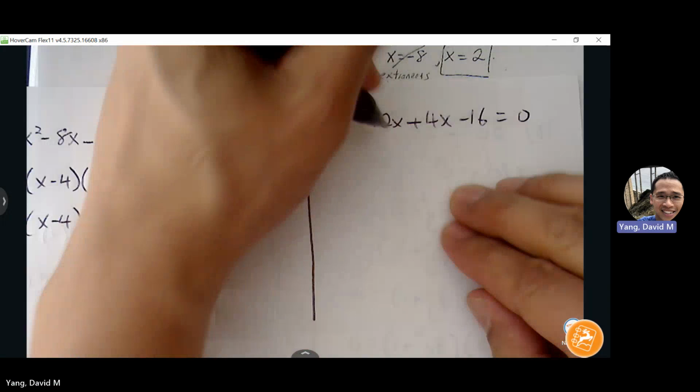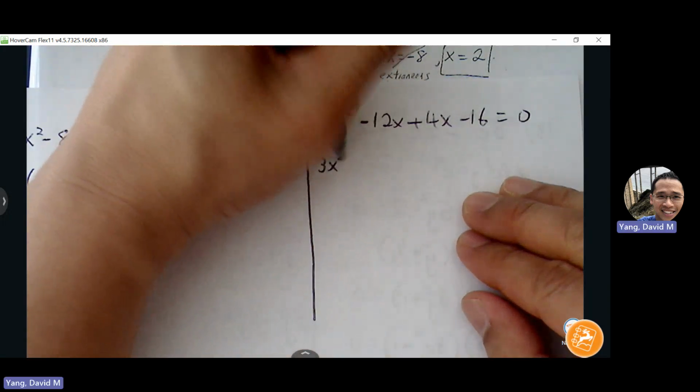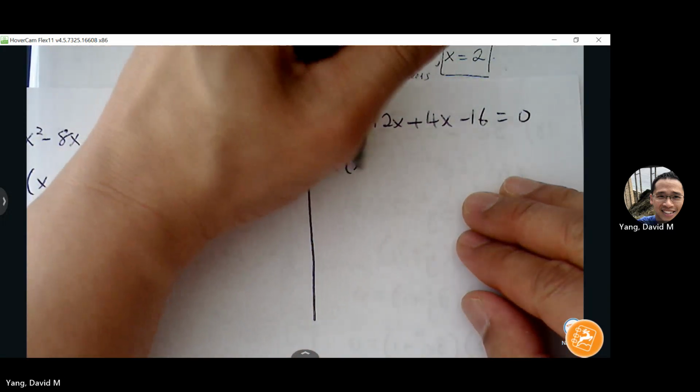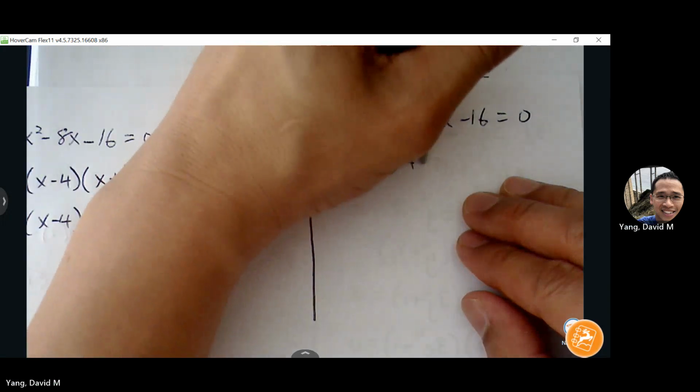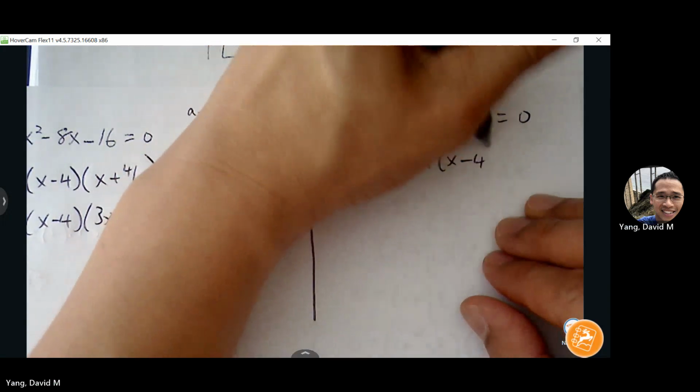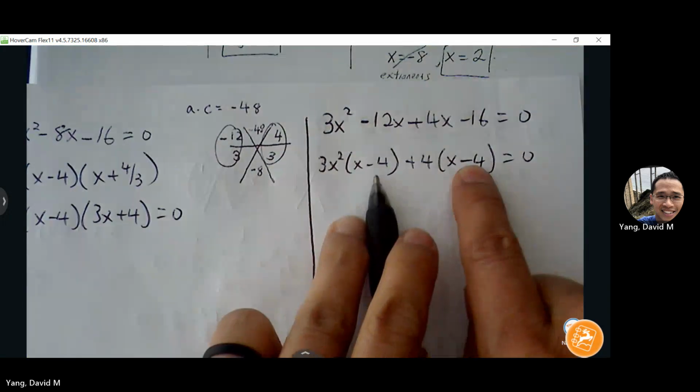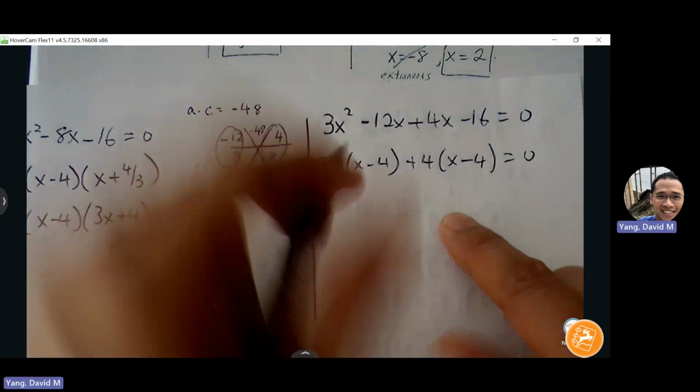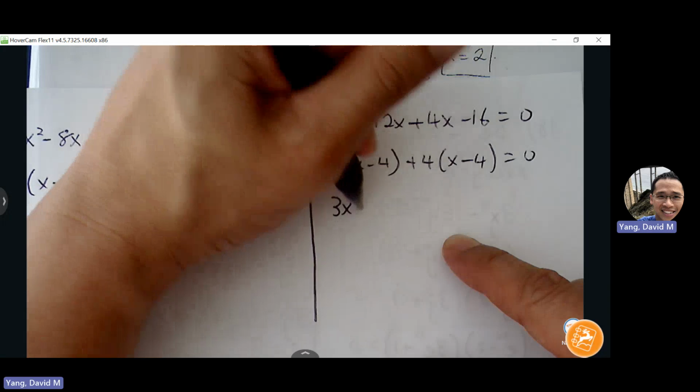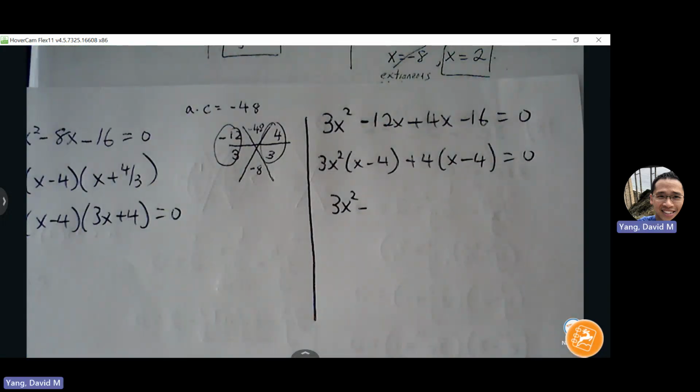And then you can GCF the rest of the way. Factor. Put the parentheses together, put the non-parentheses together. Sorry, x squared, just x.